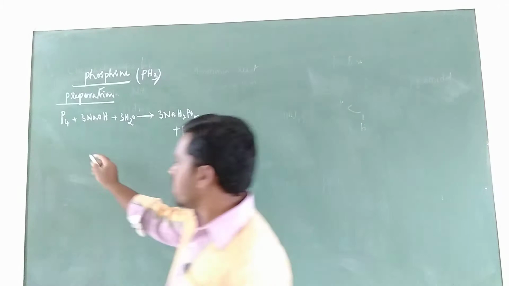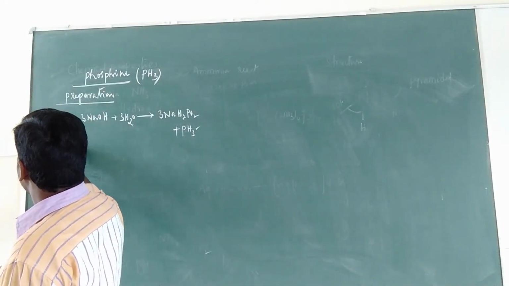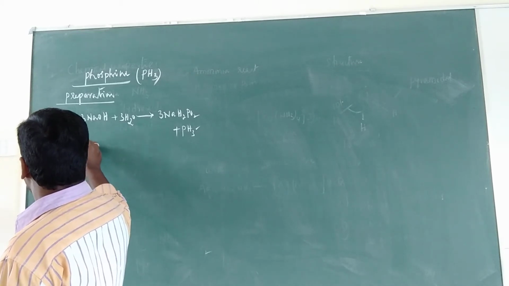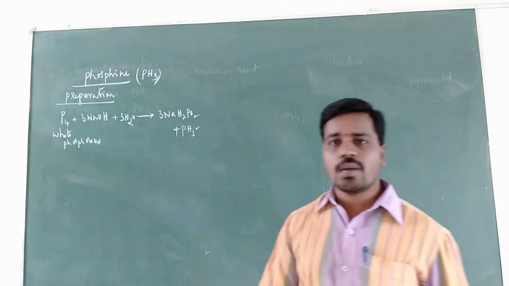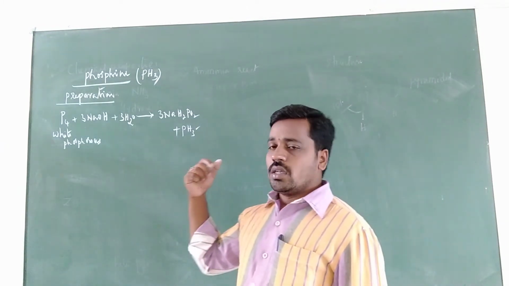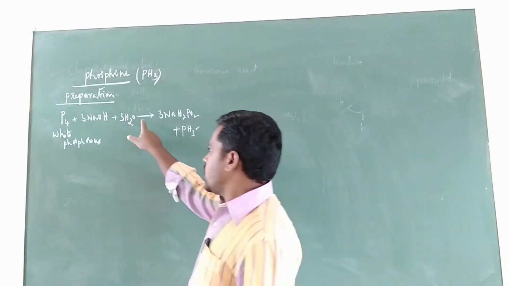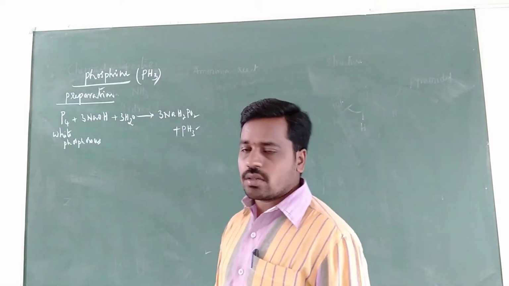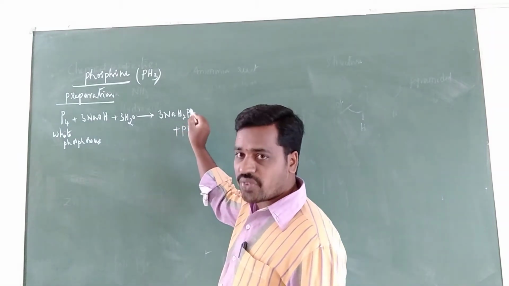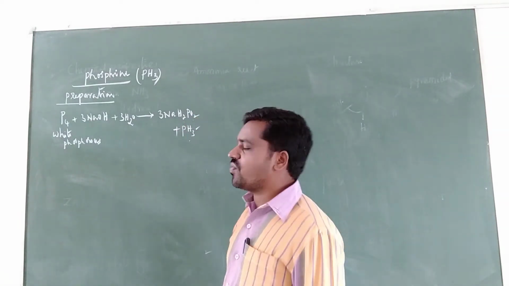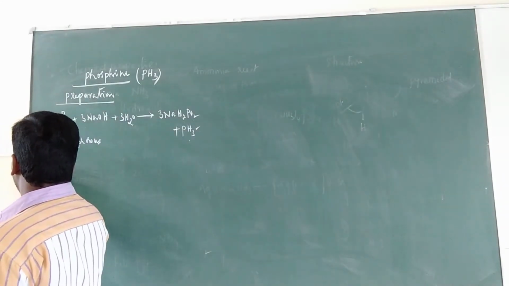White phosphorus reacts with sodium hydroxide in an inert atmosphere of CO2, which should be written on the arrow mark, and we get sodium dihydrogen phosphide and phosphine is formed. So this is the first preparation method.